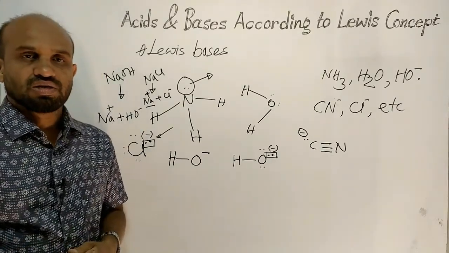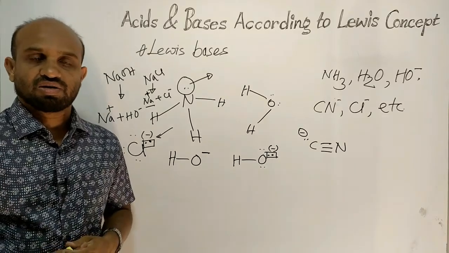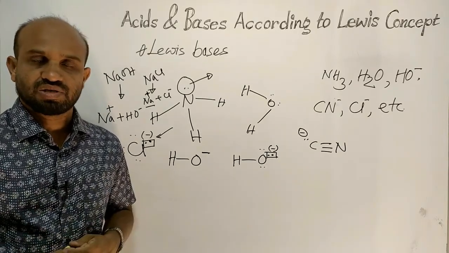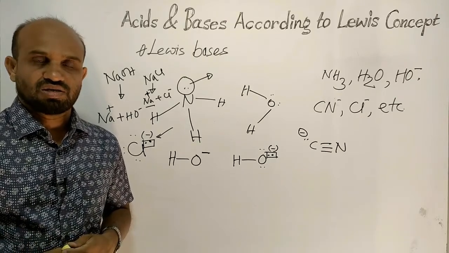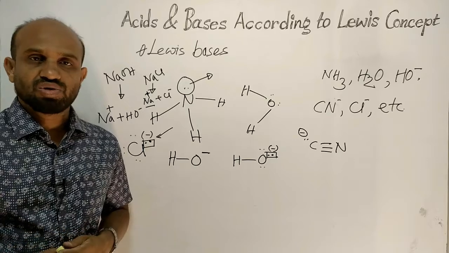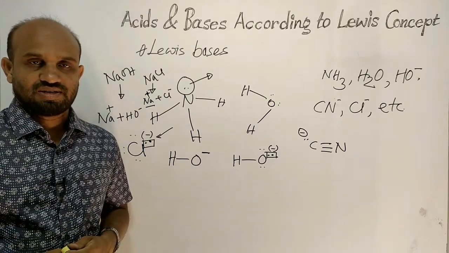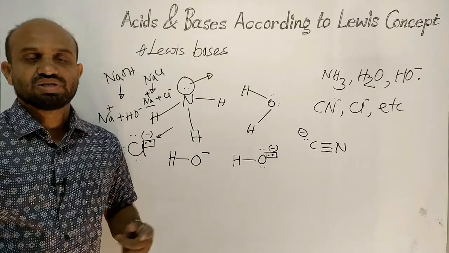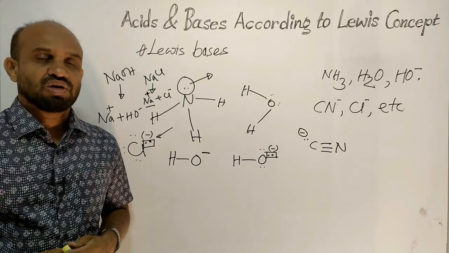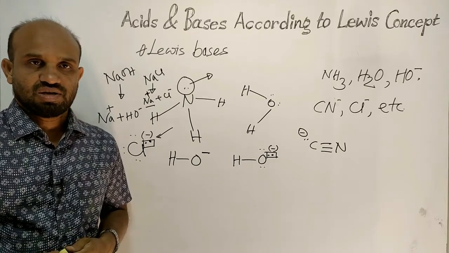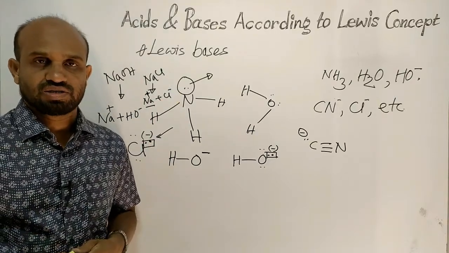Now let's summarize Lewis acids and Lewis bases. Lewis acids are compounds that can accept electron pairs, and Lewis bases are the compounds that can donate electron pairs. Let's see the next point. That means Lewis acids are electronically poor or electronically deficient, and Lewis bases are electronically rich.